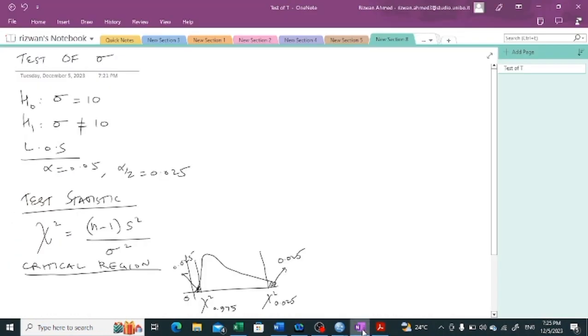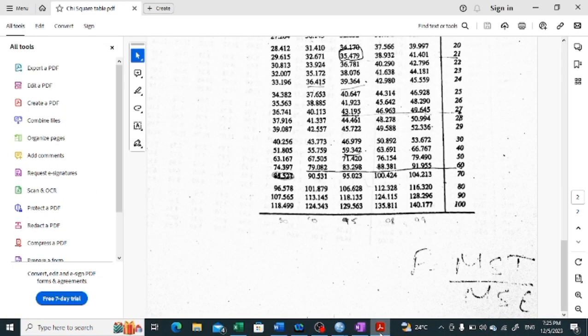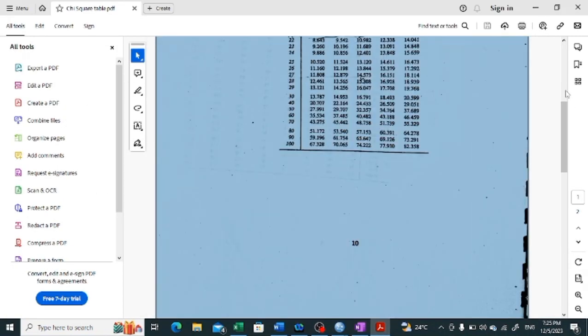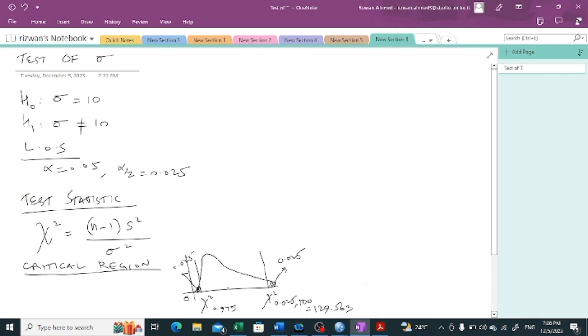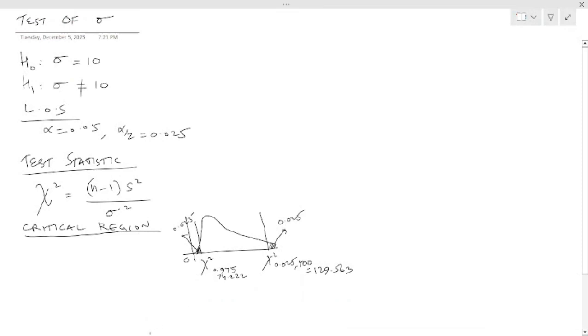So 129.563, and then the lower bound value, or the left tail critical value, is 74.222, with the same degrees of freedom as 100 we have considered, and we state our decision criterion.